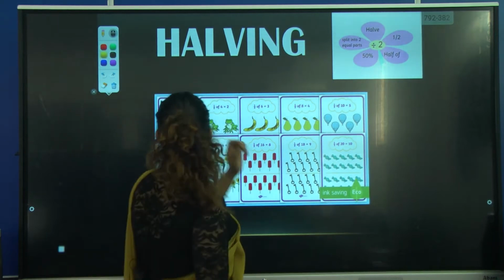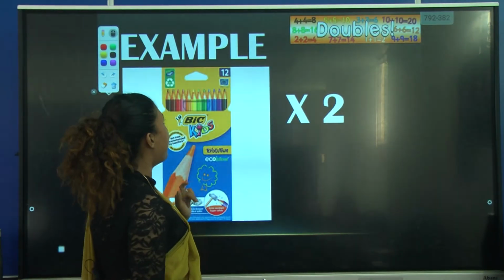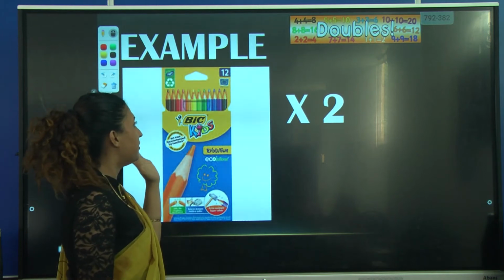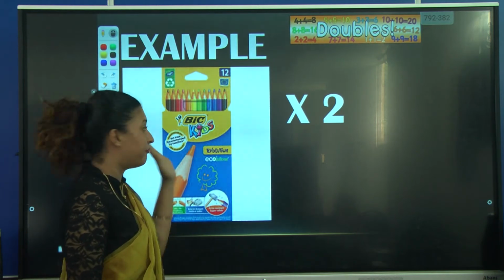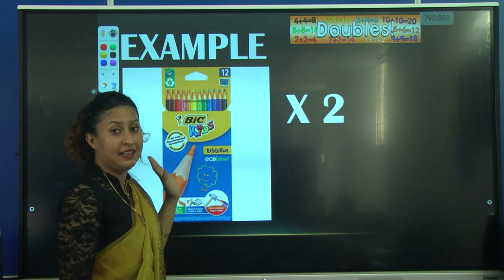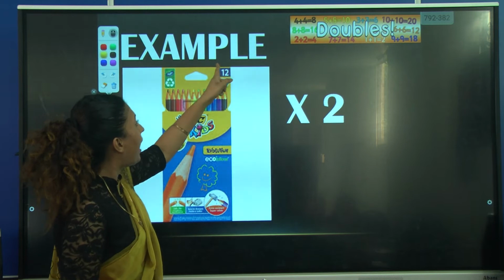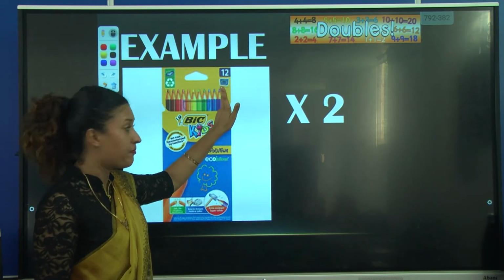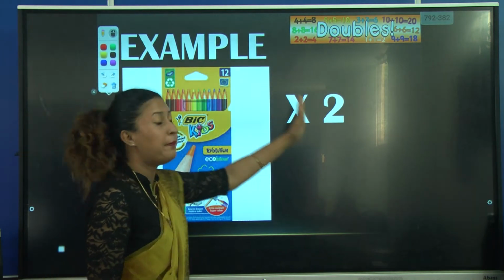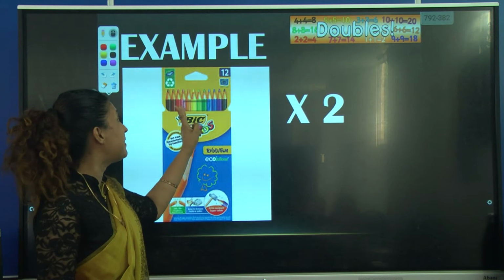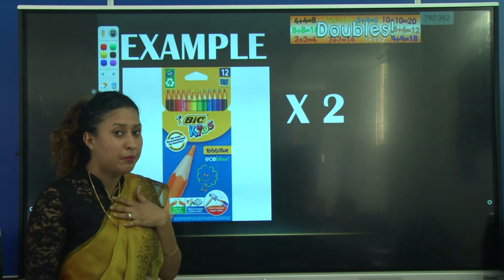Okay. Let me explain this one now. What is this? Everybody knows about this. This is a color pencil case. Okay, how many color pencils are there? There are 12 color pencils. Okay, and I'm gonna double it, which means I have 2 packets of these color pencils with me.